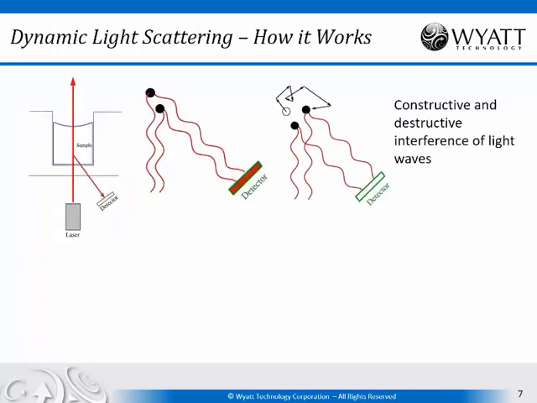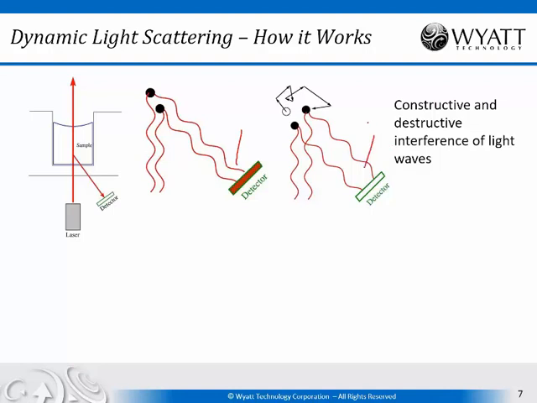So imagine that you have particles in solution. What happens to the scattered light? Well, each of those particles will scatter a light wave, and you can see that depending on the relative position of the particles in solution, as I've shown here, the light waves may arrive at the detector in phase or out of phase.